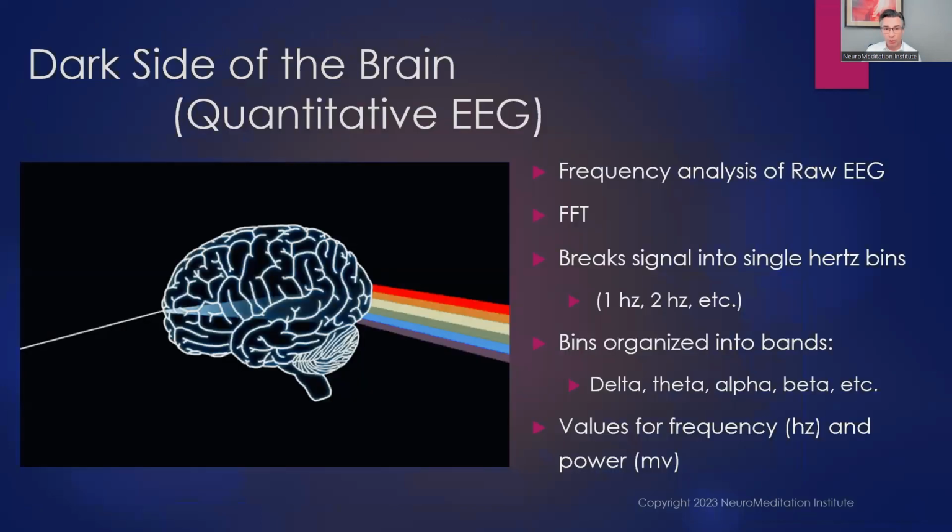So what we do is we take those raw squiggle lines and run them through a filter. That filter allows us to see specific frequencies that live within that raw EEG. The best analogy is the way light works.